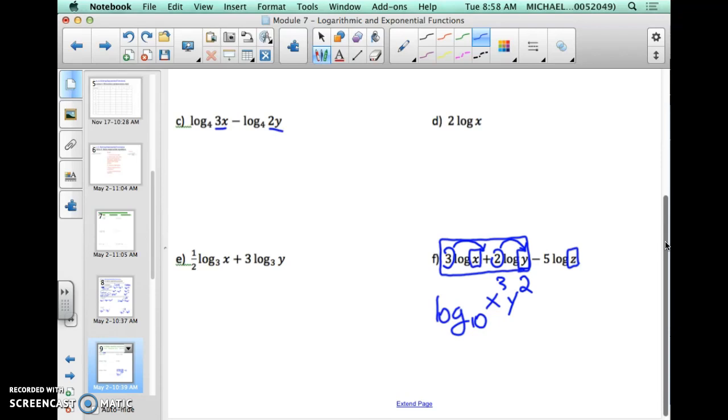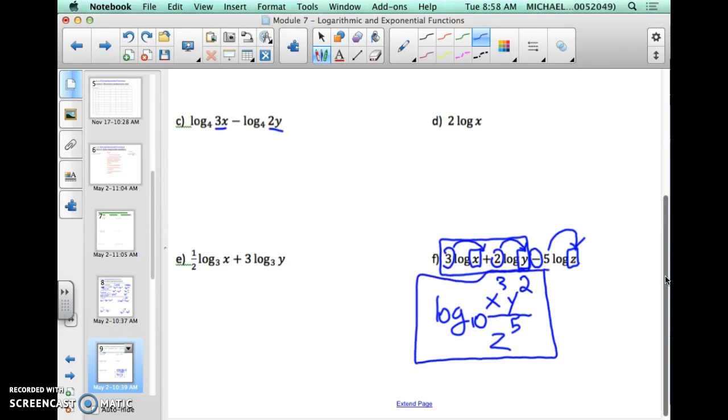That turns into multiplication in my numerator. Now, my denominator, because of this subtraction sign, I also know that I need to divide the last logarithm. And so that denominator becomes z, but again, that 5 goes back to the powers when I condense it. z to the 5th. And that is how you would condense that.